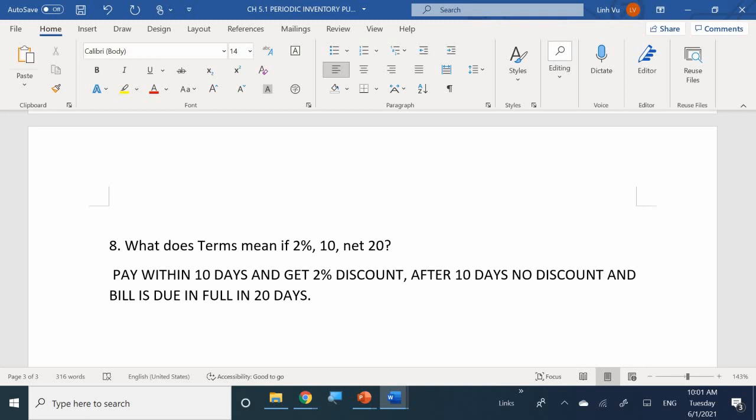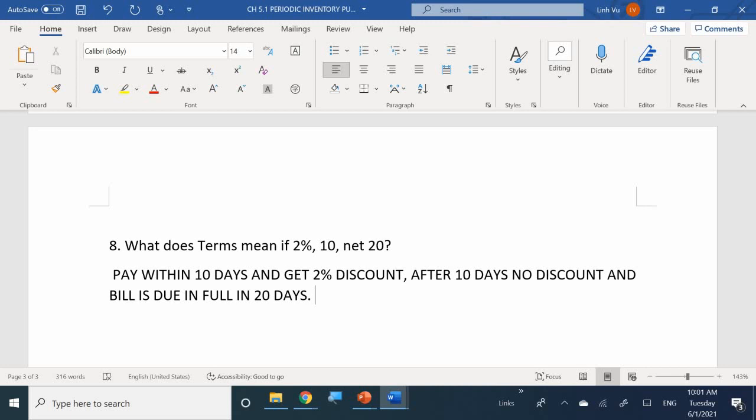If not, the whole bill is due within 20 days. It's not 20 days extra, it's 20 days. So you have 20 days to pay the bill, but if you pay within 10 days, I'll give you the discount. That's the length of time that you can owe me. It's exactly 20 days. No more, no less.